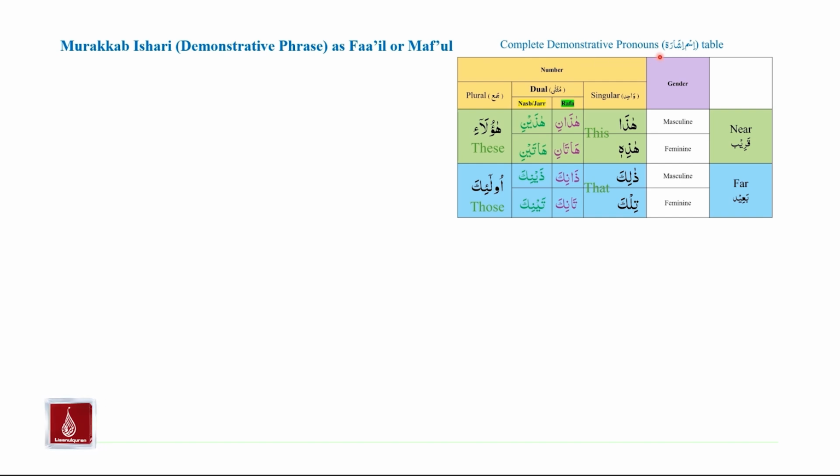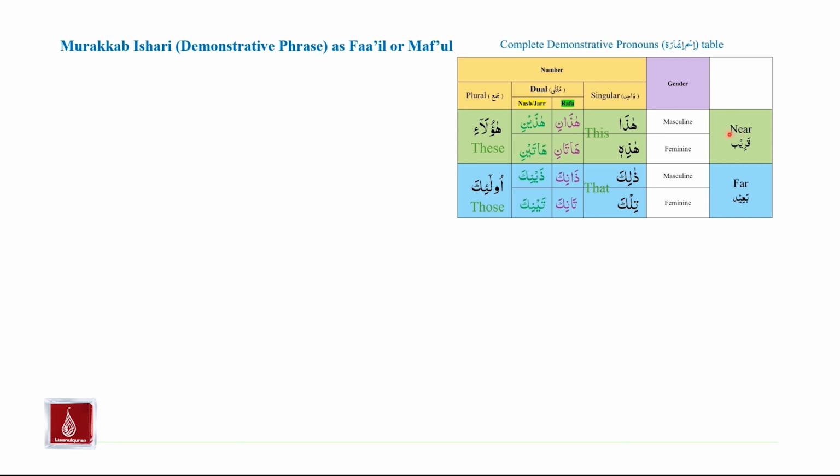We have demonstrative pronouns for the near category and for the far category. For near category, we have the following demonstrative pronouns. The most common demonstrative pronouns that are used in the Holy Quran are for singular and for plural. Dual demonstrative pronouns are not that frequently used.